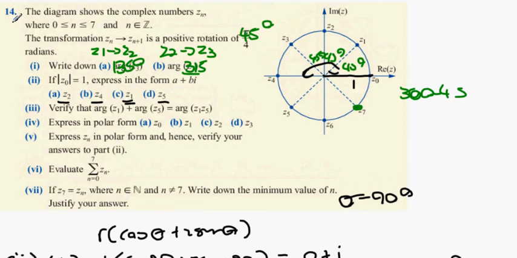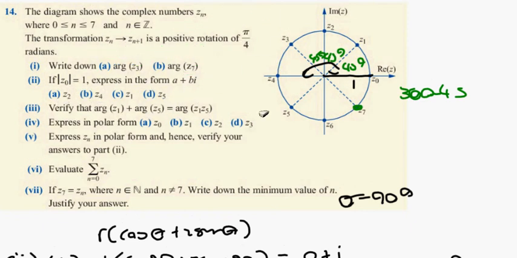Okay, now verify that the argument of Z1 multiplied by Z5 equals the argument of Z1 plus the argument of Z5. Okay, well, what we can say here is that the argument of Z5, did it again.